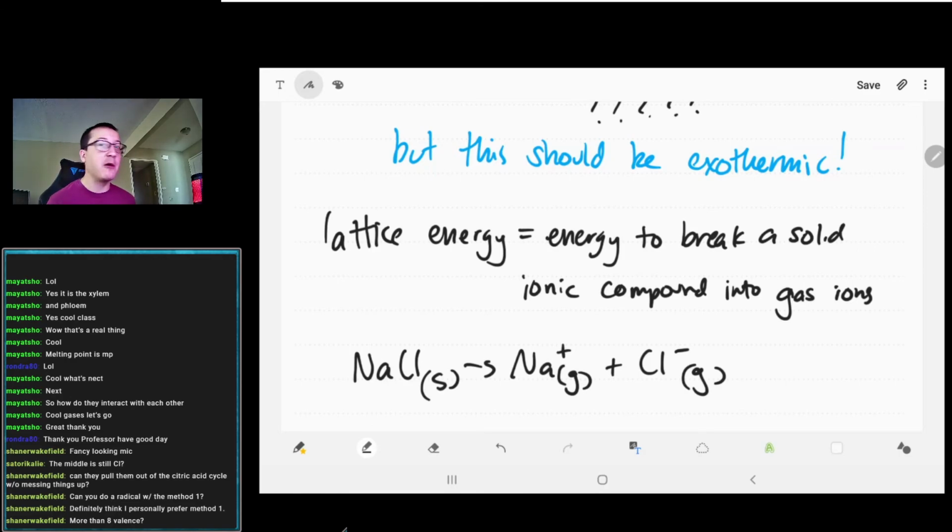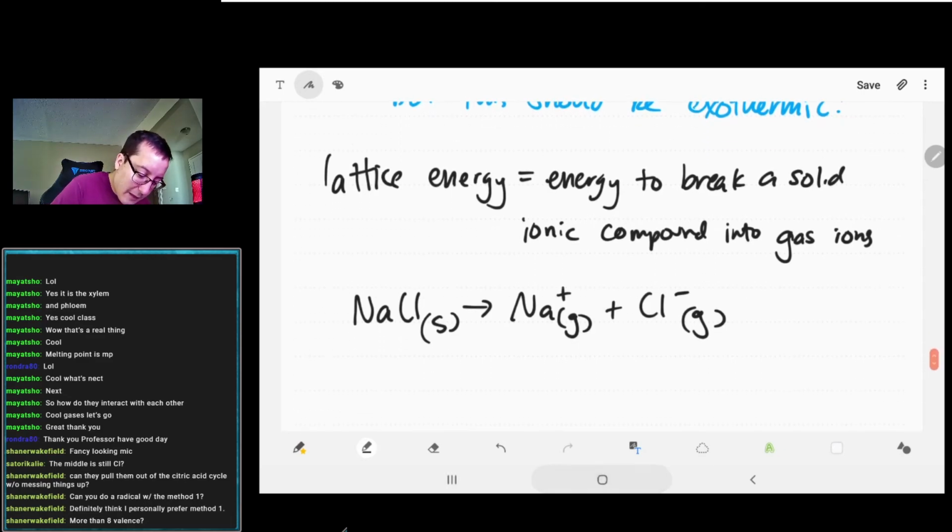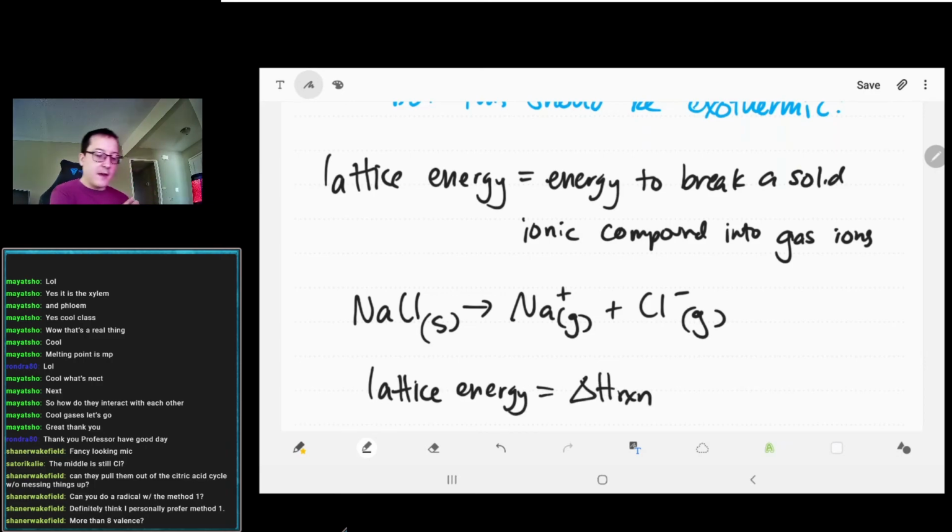This would be how we would display the lattice energy. And so the lattice energy for this is the delta H reaction for this. That's what lattice energy is. So for that reaction that I've drawn there, we have solid sodium chloride turning into gaseous sodium ions and gaseous chloride ions. That delta H for that reaction would be equal to the lattice energy.